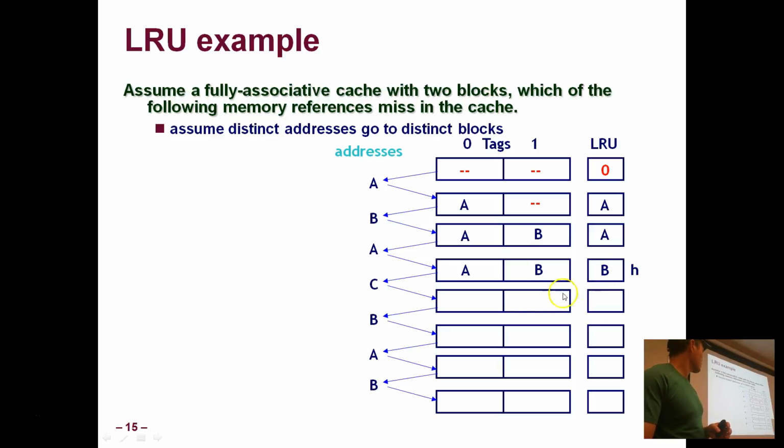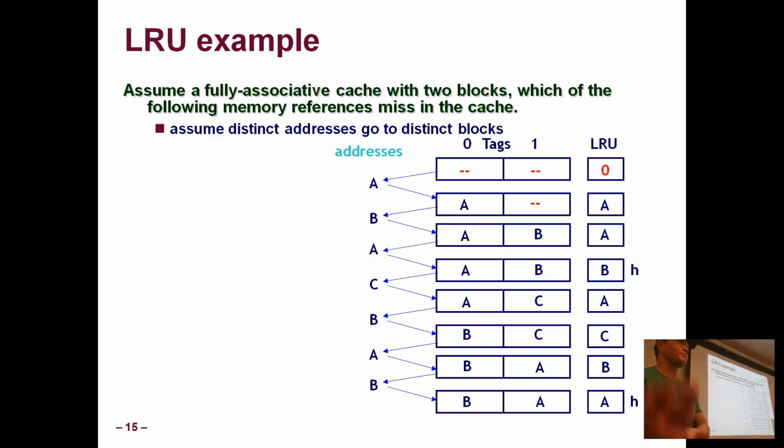And when you access C, now C needs to replace either A or B, and because B was the least recently used, it replaces B. But now your least recently used is A, so you have to update that. And this is what the cache is doing as well, in order to manage its policy. Then B is brought in to replace A, and now C is the least recently used. And then when A is brought in, C gets replaced, and B is the least recently used, etc.